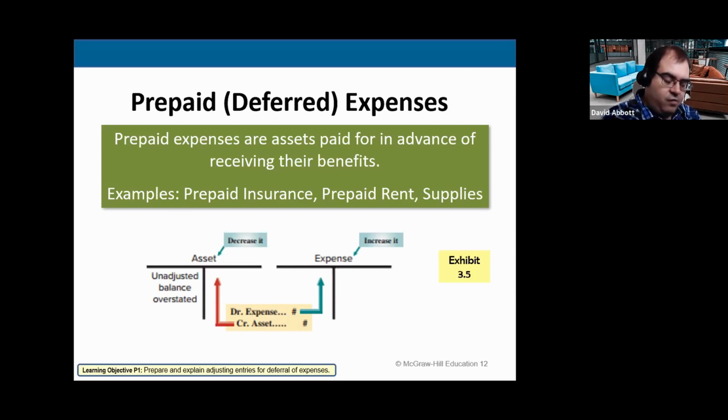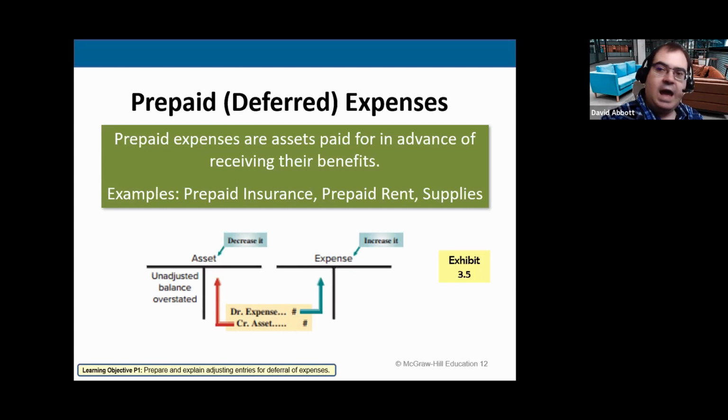And so for all adjustments involving prepaid expenses, we increase or debit an expense account and reduce or credit an asset account, but never cash. So for example, with that one, we would have to debit an expense account and then credit the, say, prepaid insurance, or credit prepaid rent, or credit supplies, depending on what it is.